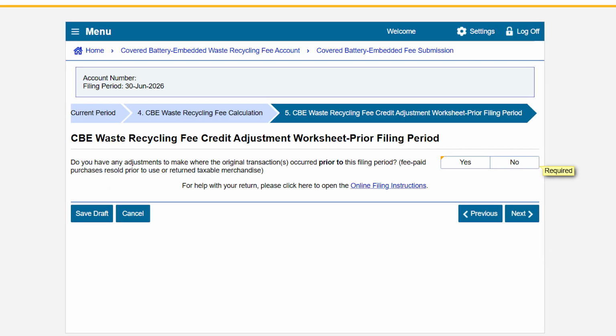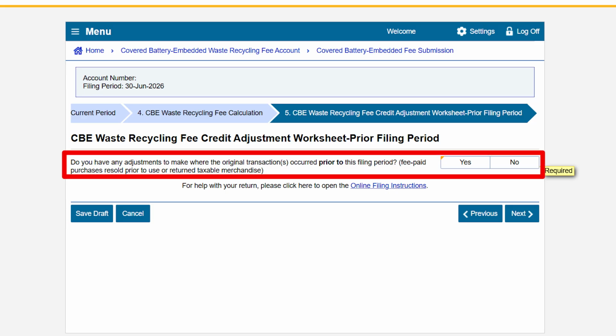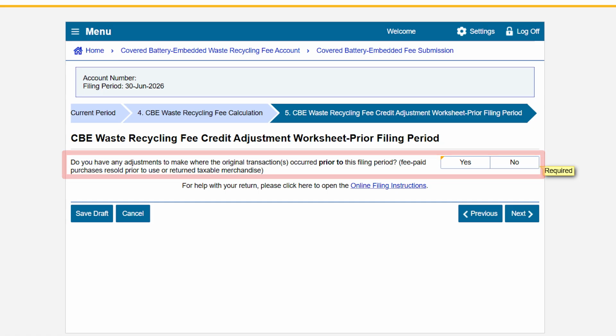This brings us to the CBE Waste Recycling Fee Credit Adjustment Worksheet, prior filing period. Answer the question: do you have any credits to claim where the original transaction occurred prior to this filing period? For example, you reported and paid the fee on a CBE product in a previous filing period, but the CBE product was resold or returned by the customer during the current filing period.